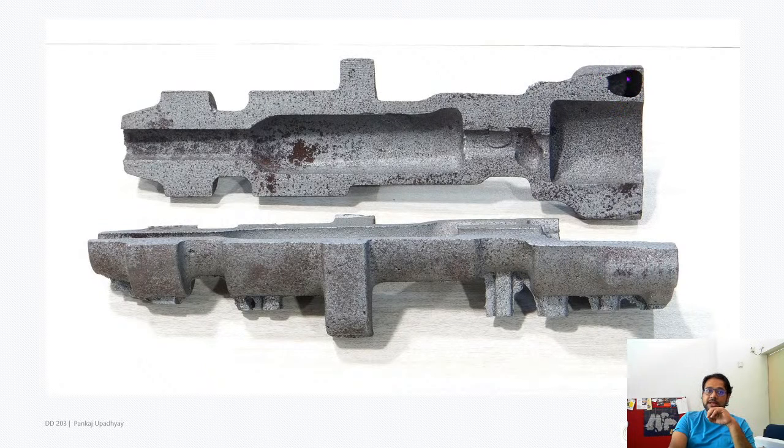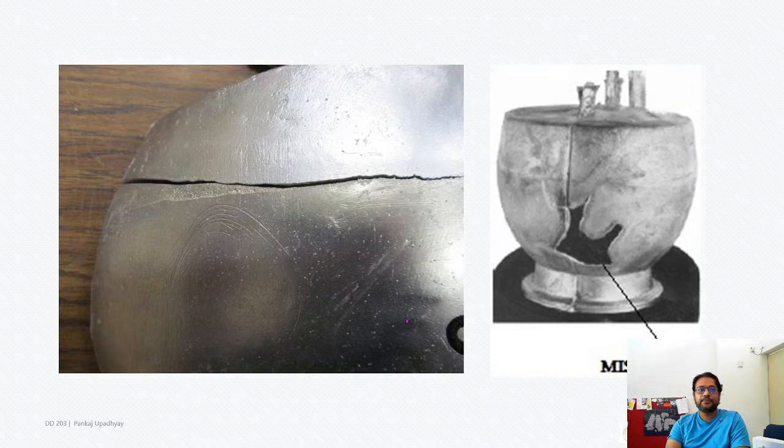That means there is not enough venting happening at this part of the casting. Similarly, there's some amount of blowhole over here. I don't know why that is created. There's some flash coming over here. So these are the casting defects.